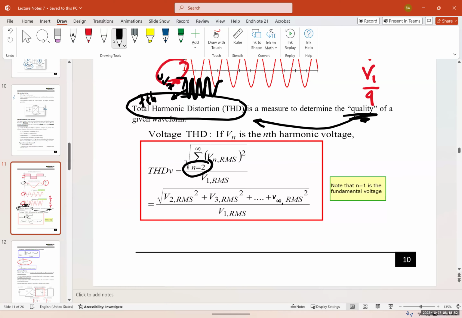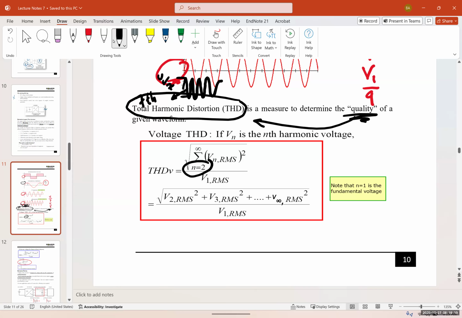So that's the reason we start from the third harmonic. So this would be equal to the square root of V2 RMS squared plus V3 RMS squared plus up to V infinity RMS squared, over V1 RMS. And n equal to 1, as you know, is the fundamental voltage. As mentioned, the even harmonics usually don't have an effect.